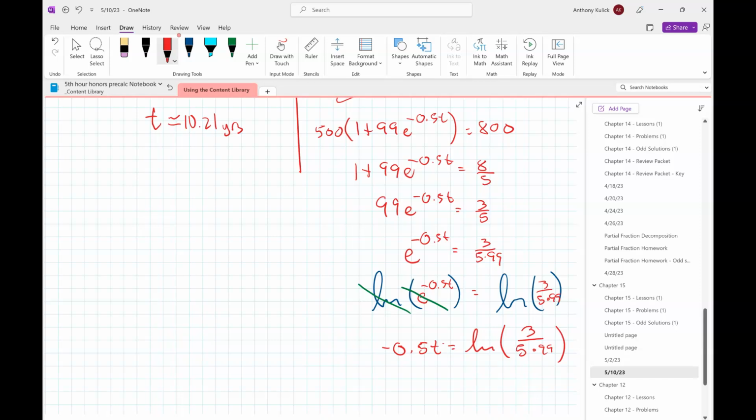And the last step is I just need to divide by -0.5, or I'm just going to think about it as multiplying by -2.